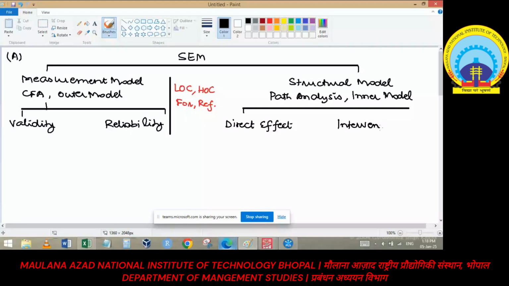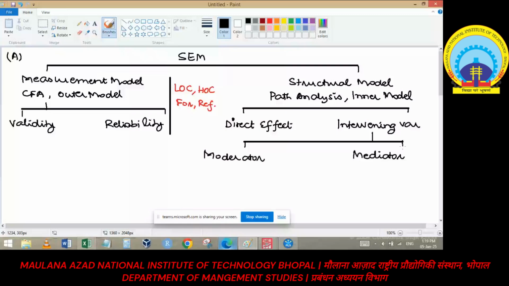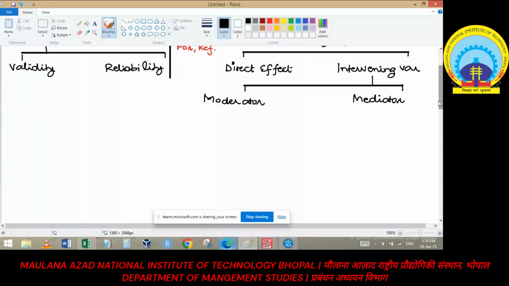Intervening variables can be categorized under 2 heads: one we call the moderator, the second the mediator. These are called the mediator and the moderator.